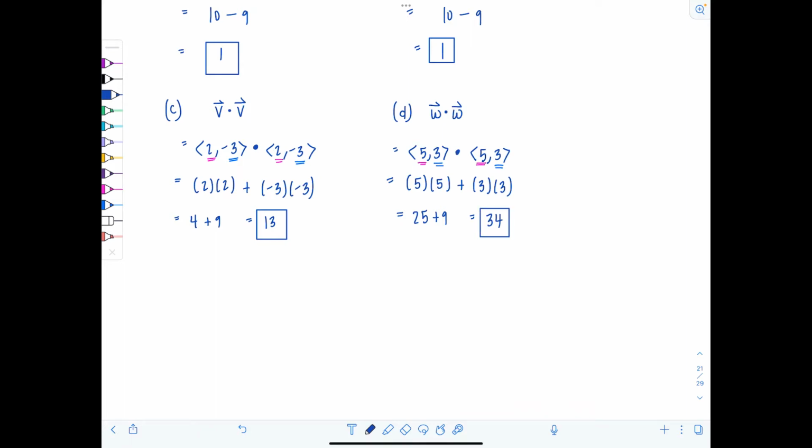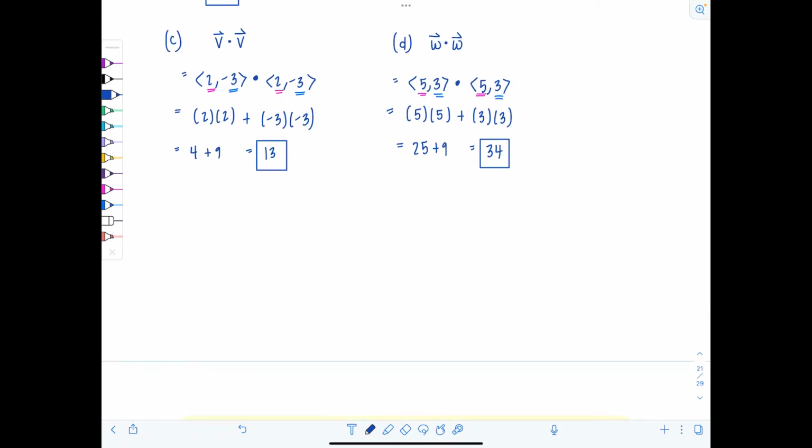Very good. Now, the next part is just a little bit of investigative exploratory fun. E asks us to find the magnitude of vector V. Remember, vector V had components 2, -3. In the previous video lecture, we went over finding the magnitude of a vector. It's the square root of the sum of the squares of its components. So we would have the square root of 2 squared plus -3 squared.